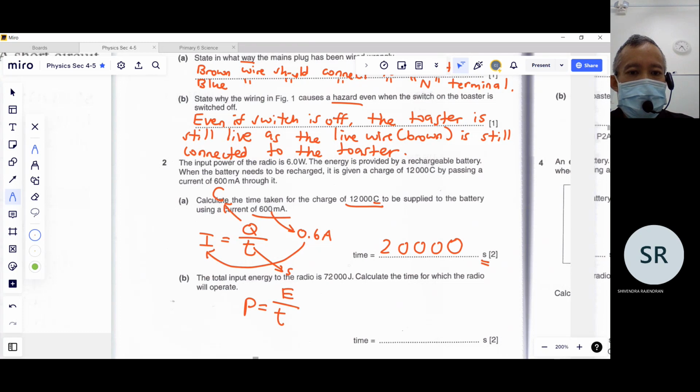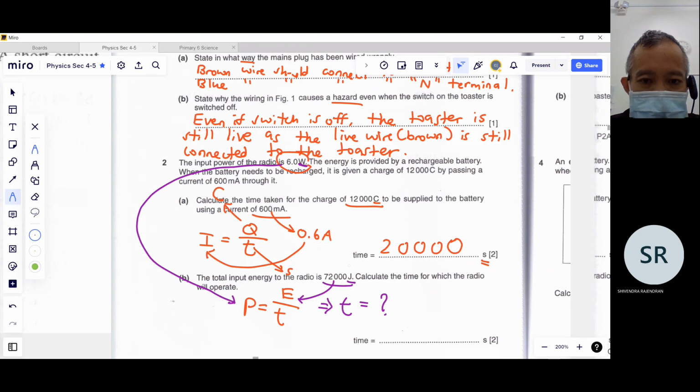Power is not here, but power is here. I hope you look further around for the hints. So this is your power. Make sure it's SI units. Energy, check your units. Joules. So go straight in here. Then just find out what is time.